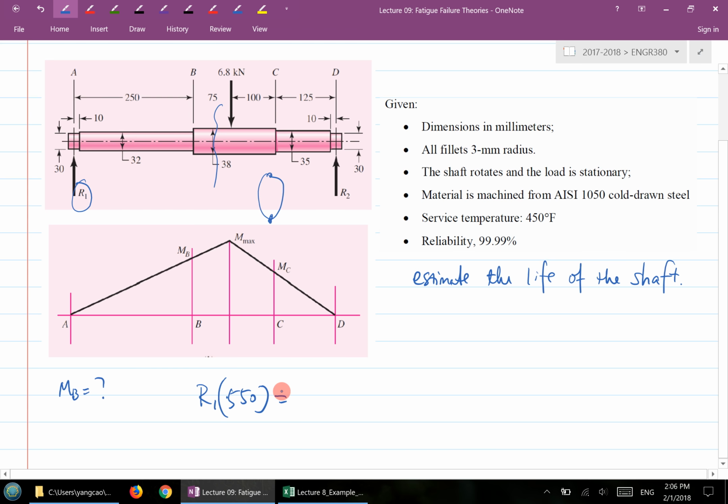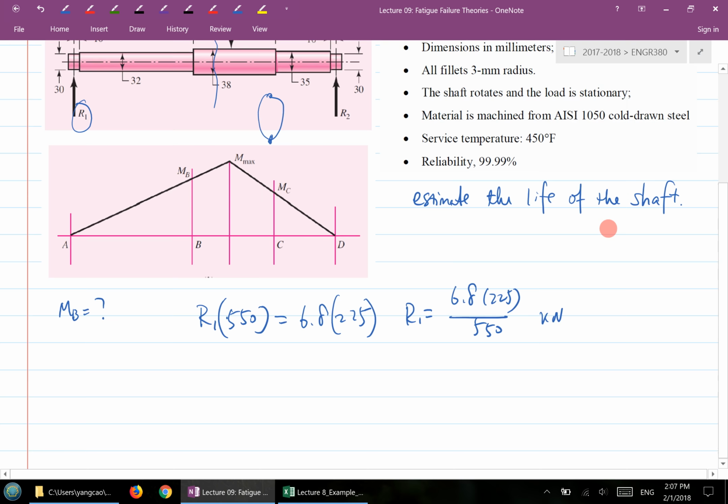And that should equal 6.8 times this plus this, 225. Then you can solve for R1, and that gives us a certain value. Actually, I don't remember what it is, so anyway, let's just use these numbers here. So it gives us the kilonewton value for R1.